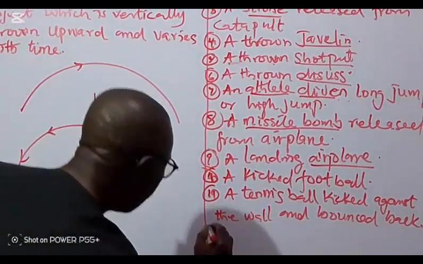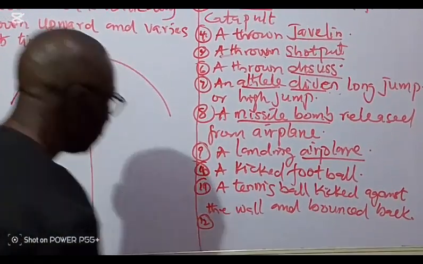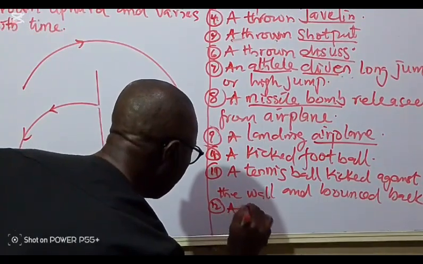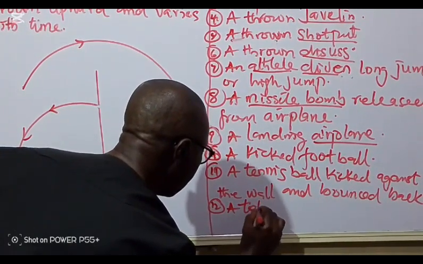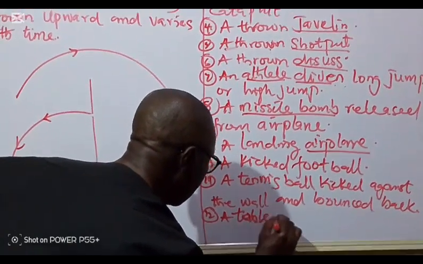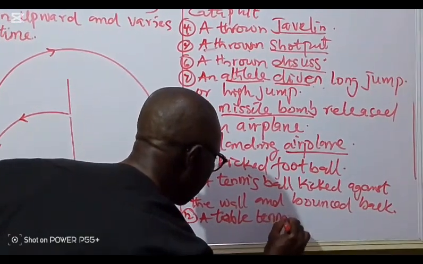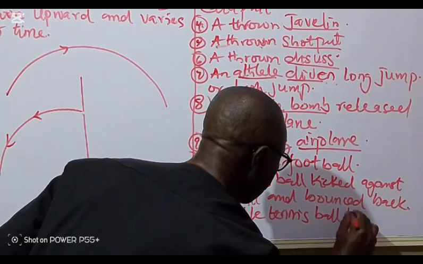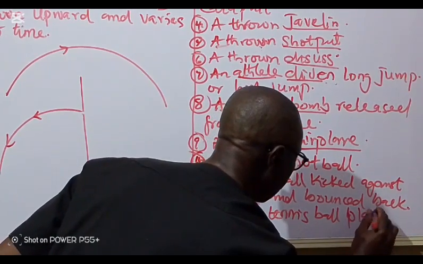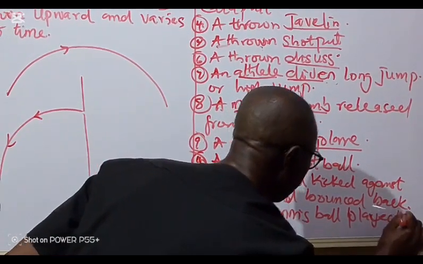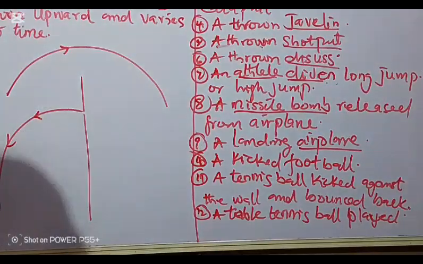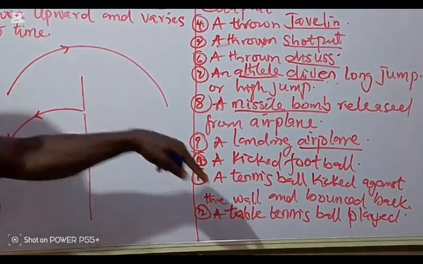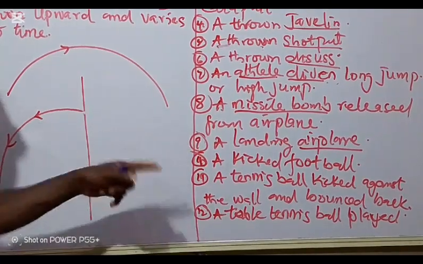Number 12, a table tennis ball played. When a table tennis ball is played, the motion forms a parabolic curve.